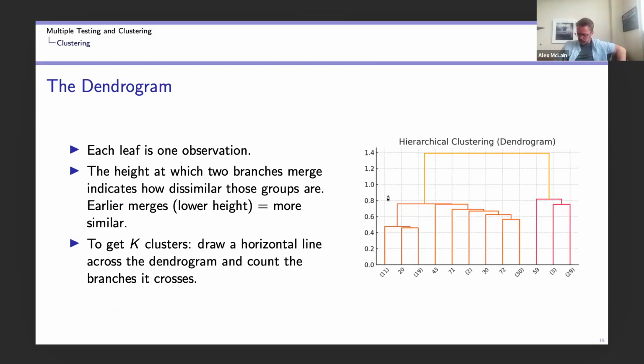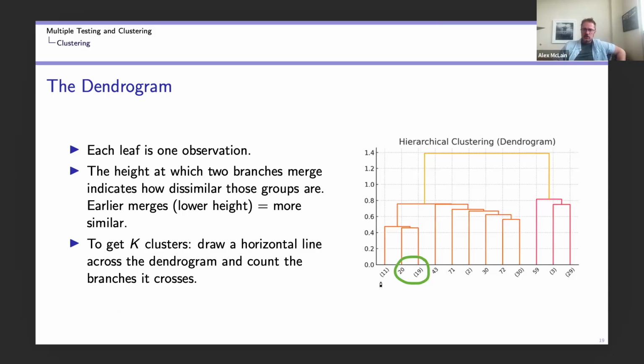So here's how this would work. We have an example dendrogram over here. When this is done in a bottom-up fashion, observations 19 and 20 were the first 2 to be clustered together. So those observations were the most similar in the data set.